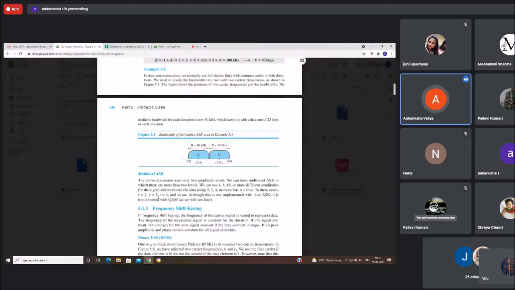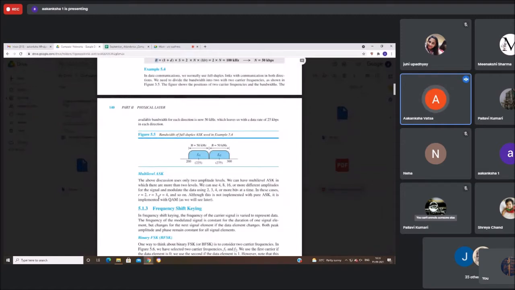Is it okay if we are having 4 different signal levels, 4 different amplitudes? Instead of on-off keying, if we have 4 different amplitudes, A1, A2, A3 and A4, what will happen? A1 will be representing 2 bits, 0, 0. A2 will be representing 0, 1. A3 will be representing 1, 0. A4 will be interpreted as 1, 1.